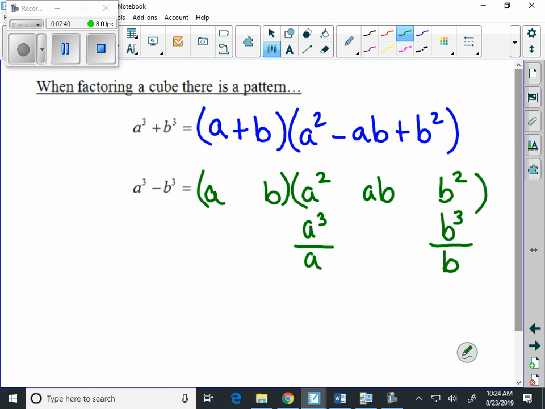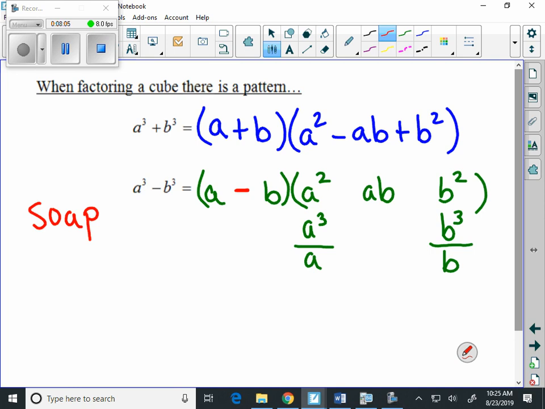And lastly, we can put in the signs. There's a little memory technique called SOAP. S is same sign. We started with a minus, so we're going to have a minus. Same sign.